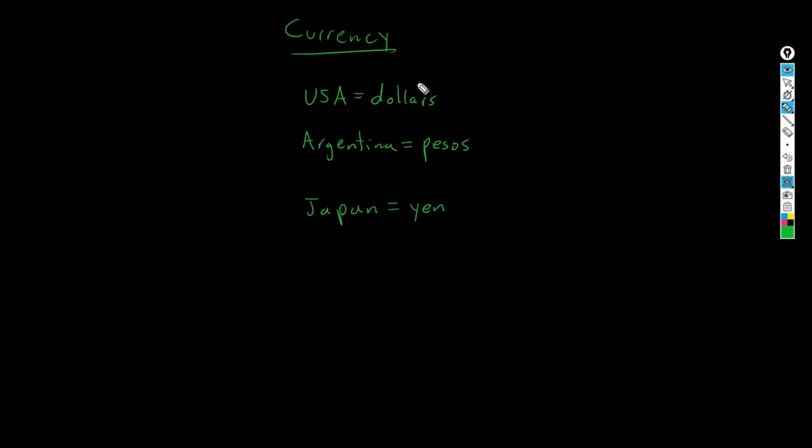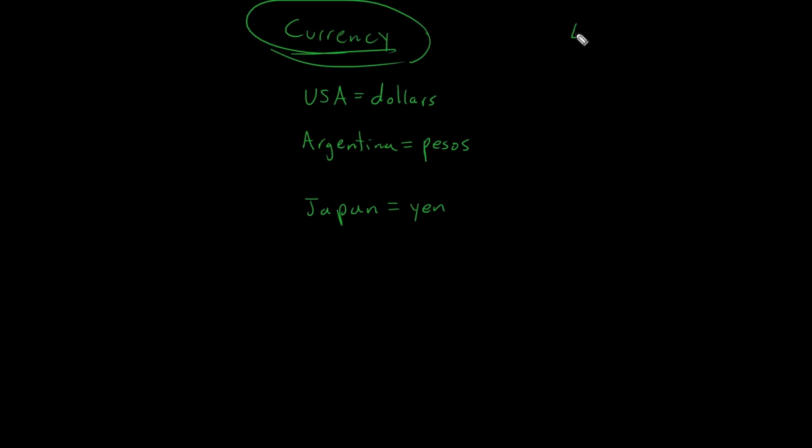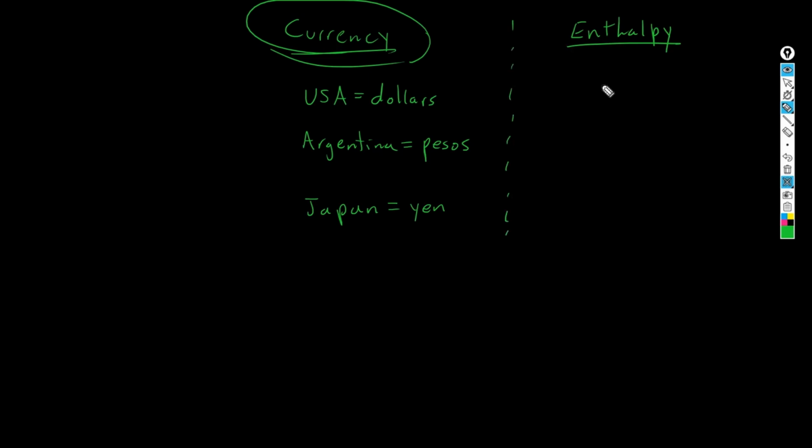Different countries have different currencies, but the idea of currency does not change. Currency is the same whether you're in the US, Argentina, or Japan. You are going to exchange currency for goods and services. That idea doesn't change. Enthalpy change is the same thing. Or enthalpy is the same thing. Enthalpy is just the amount of energy given off or absorbed.